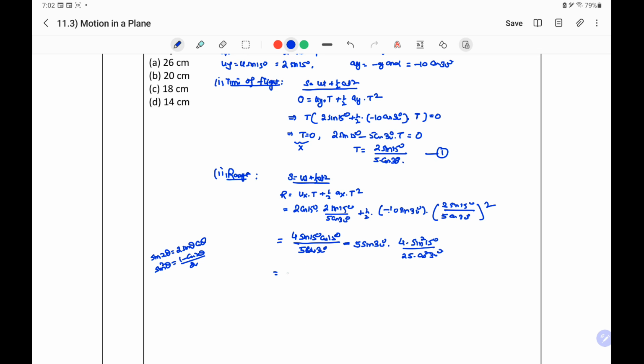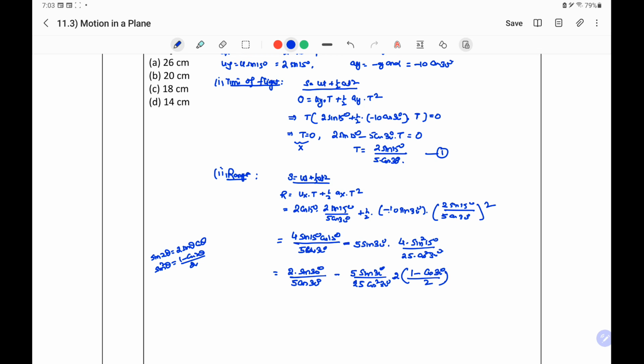So we can use these formulae and get 2 into sine 30 degree by 5 into cos 30 degree minus 5 into sine 30 degree by 25 cos square 30 degree into, and here we will have, this is 2, remaining is 2 sine square 15 degree, and it can be written as 1 minus cos 30 degree by 2.